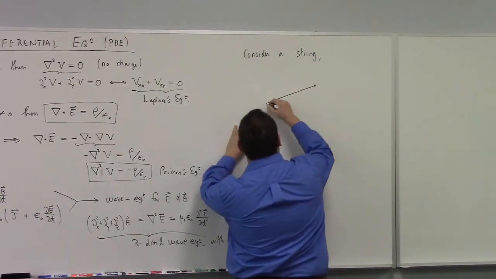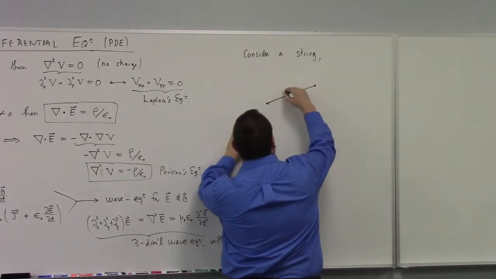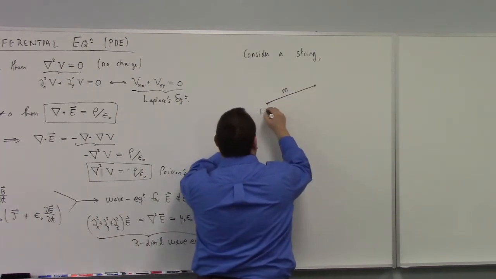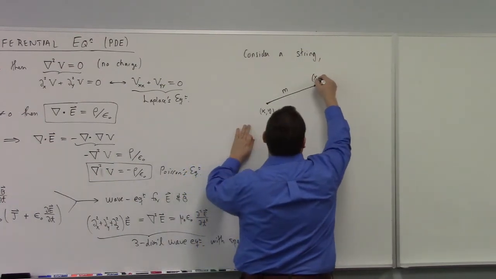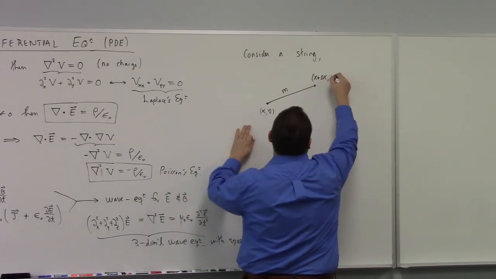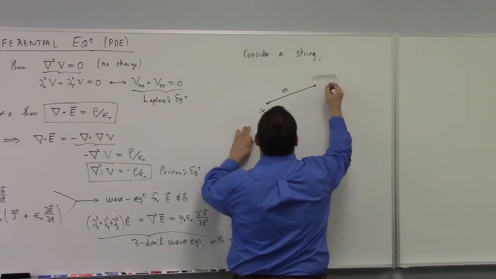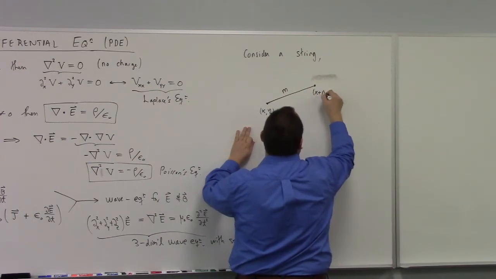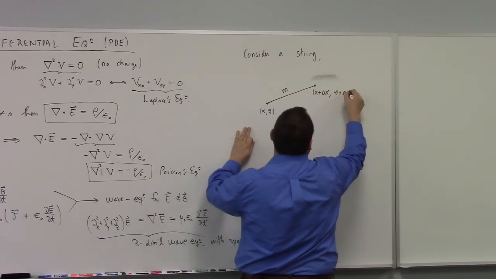And this segment is going to have mass m. So I'll put this point at x comma y, and this point over here will be at x plus delta x, y plus delta y. I'll try to get through this fast.